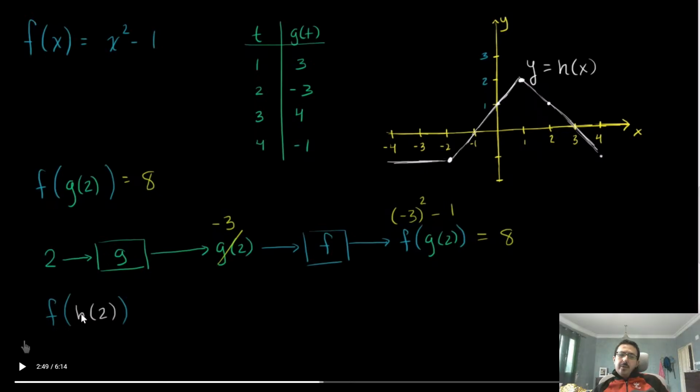So let's suppose this is going to be f of 1, 1 squared is 1, minus 1, 0.